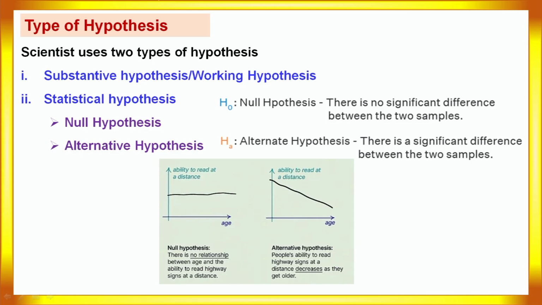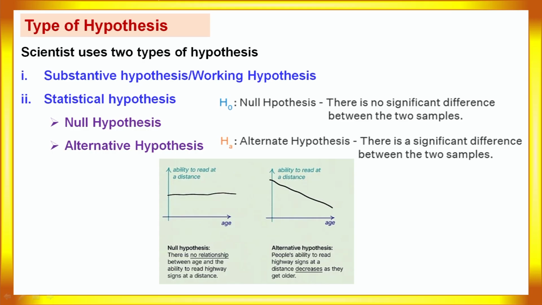The null hypothesis is that there is no relationship between age and the ability to read highway signs at a distance. So, what will be the alternative hypothesis of it? It will be that people's ability to read highway signs decreases with the age of a person, or decreases as a person gets older and older. So, this will be the alternate hypothesis.